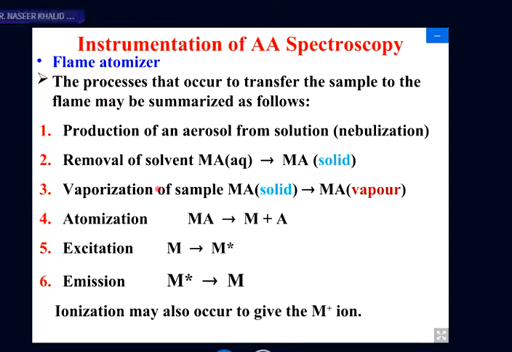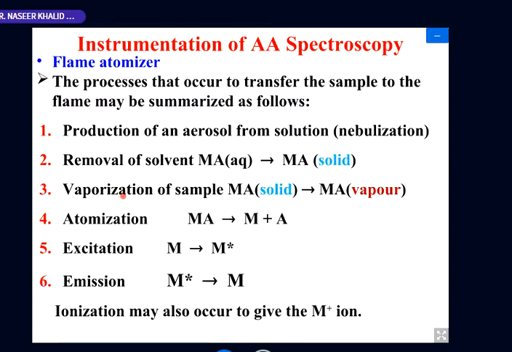Now the removal of the water solvent is there, and what will be happening is that this aqueous solution is being dried. The solvent is evaporated, and we are getting what? Solid. So solid material is being formed.